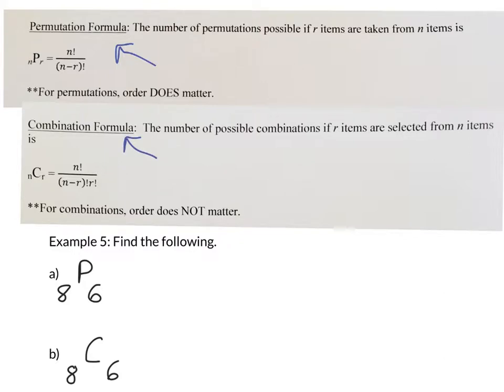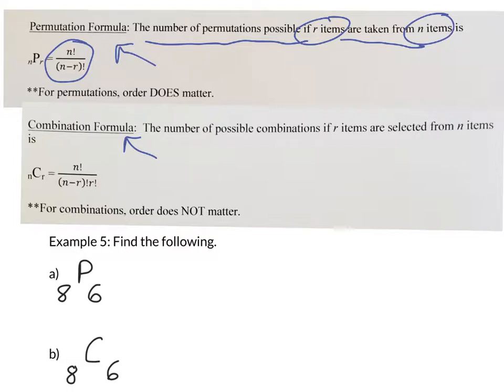So the permutation formula says the number of permutations possible if R items are taken from N items is, and as we look at that formula, we see lots of factorials. We got an N factorial on the top divided by parentheses n minus r, close the parentheses, factorial on the bottom.